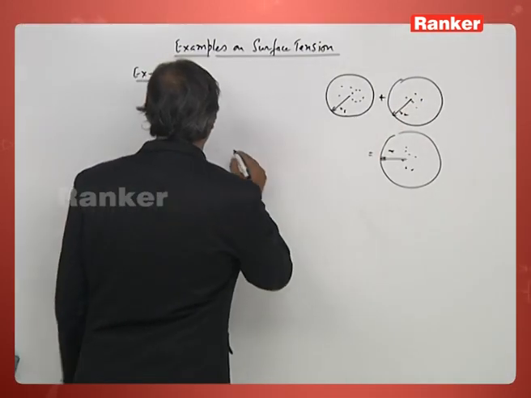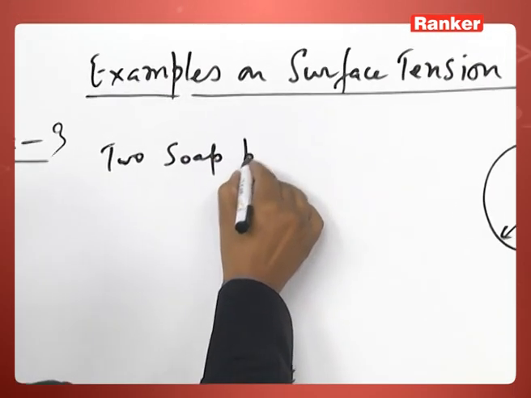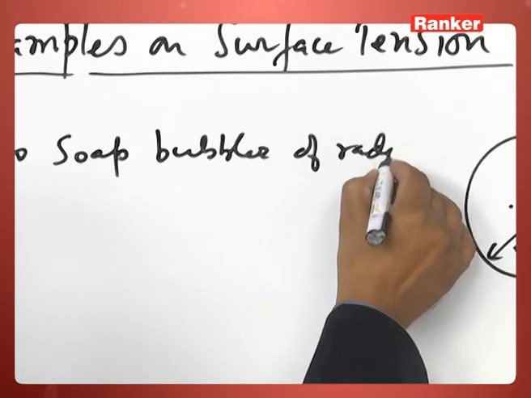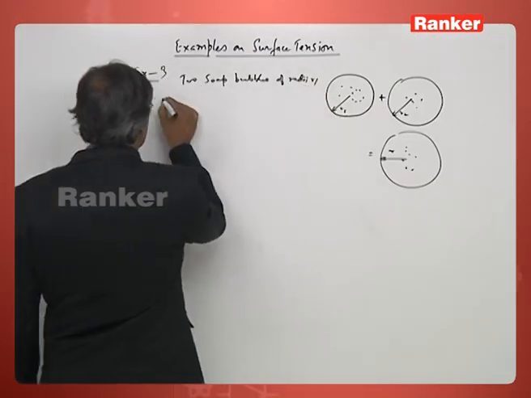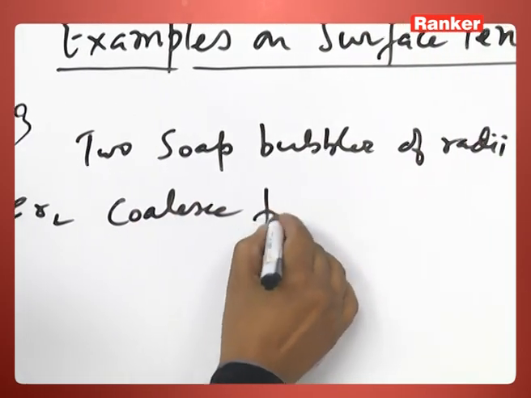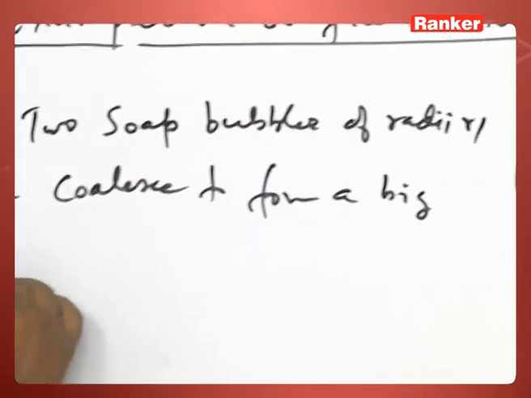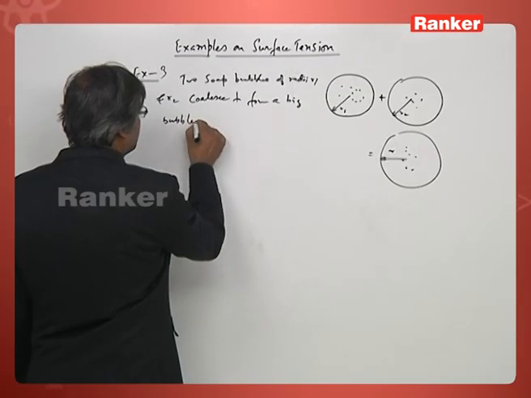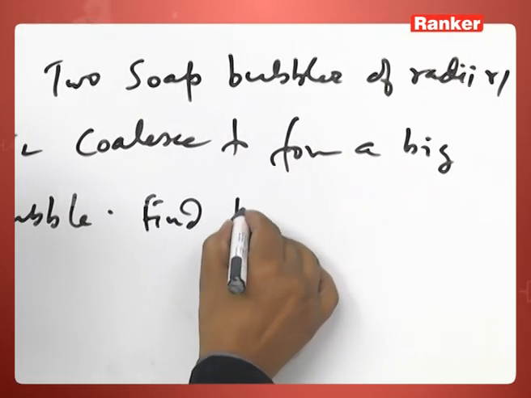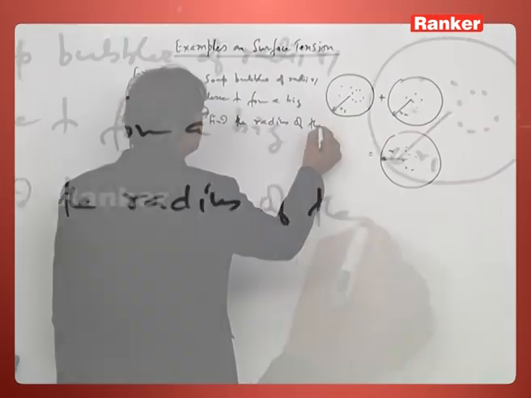So two soap bubbles of radii r1 and r2 coalesce to form a big bubble. Now let us find the radius of the new bubble.